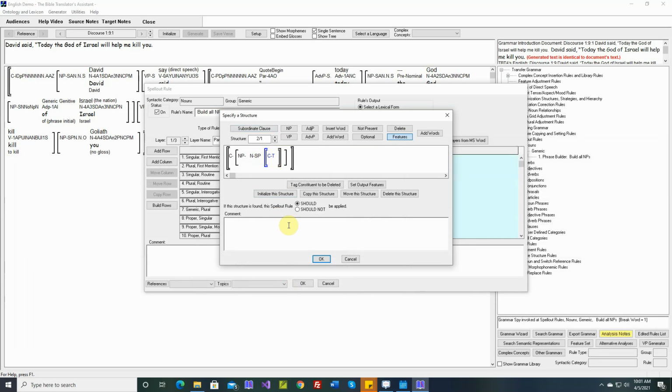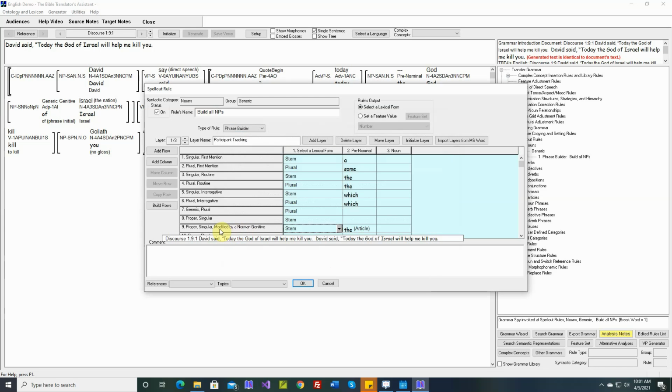We don't have an example here, but we can do this. You can also enter up to 99 structures here, and like always, they will be executed from the back towards the front. So this one would be checked first, and then this one would be checked.